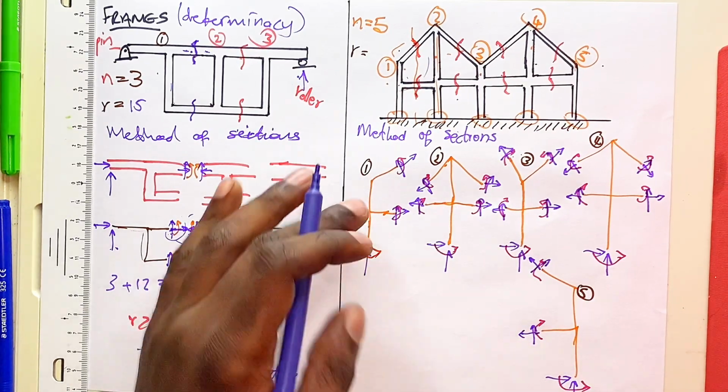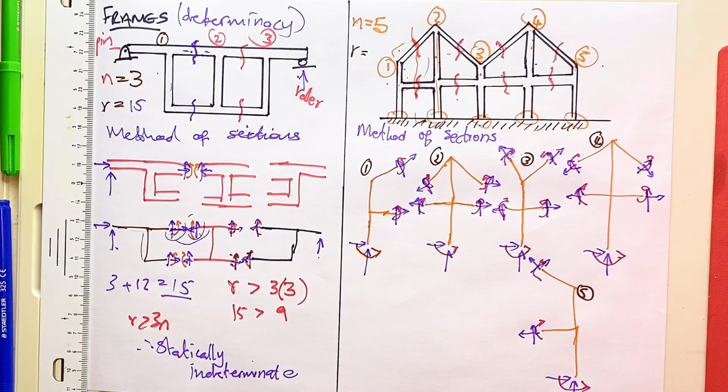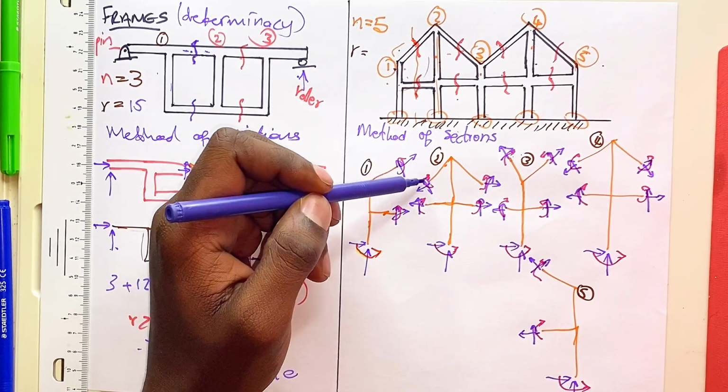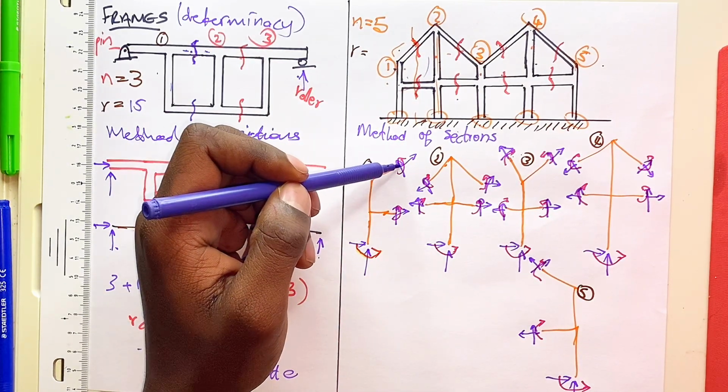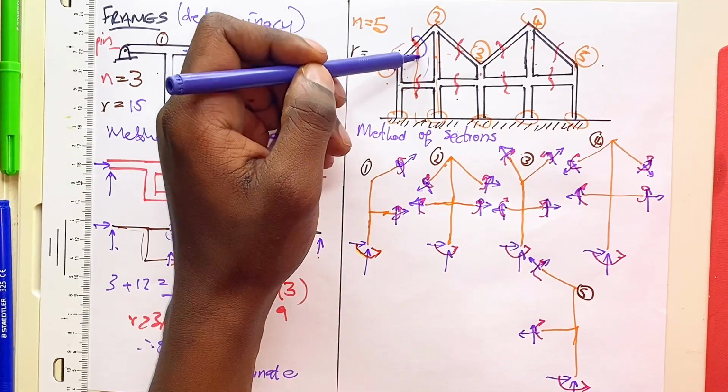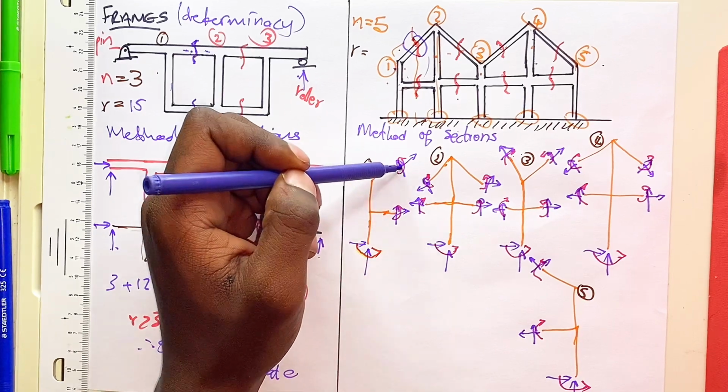Now that we have drawn all our forces, we have to highlight the fact that member 1 is attached to member 2. So the forces that I'm going to count here, I'm only going to count this one once because it is the same as this one, because it is this part. So I separated them here.